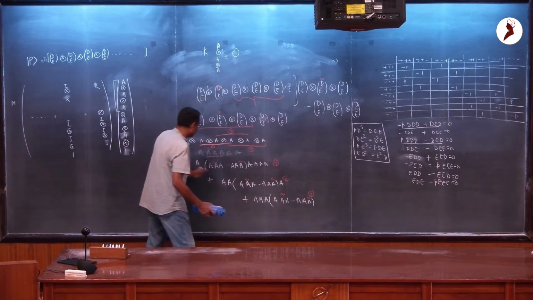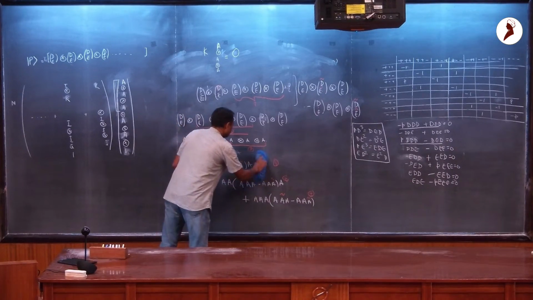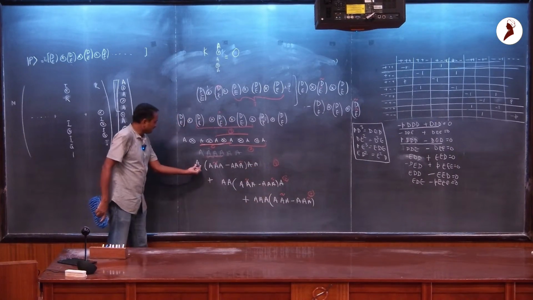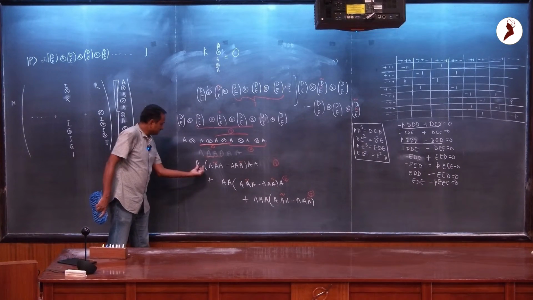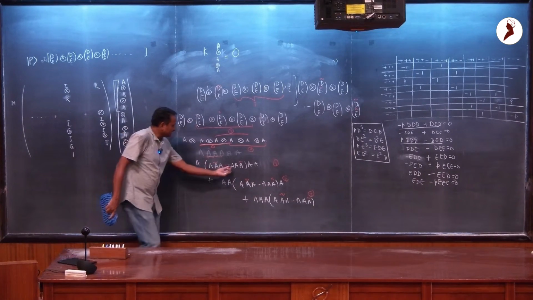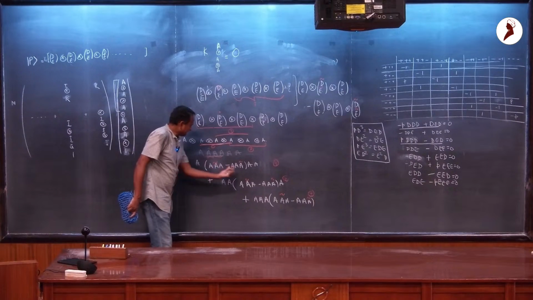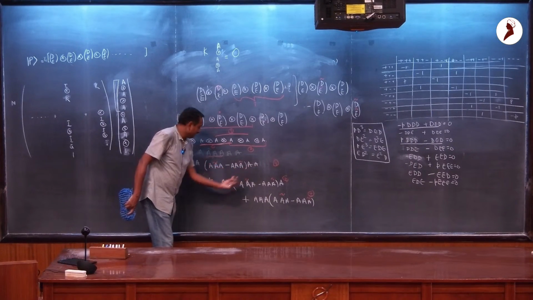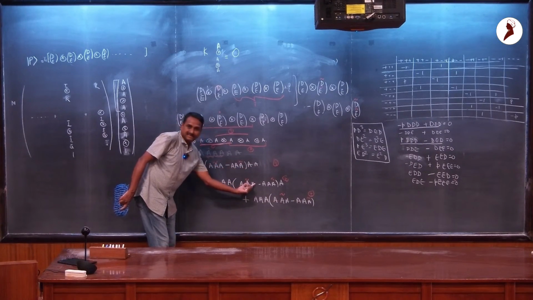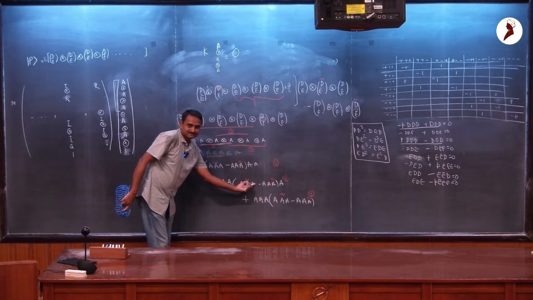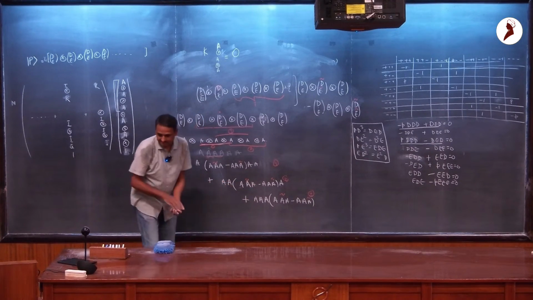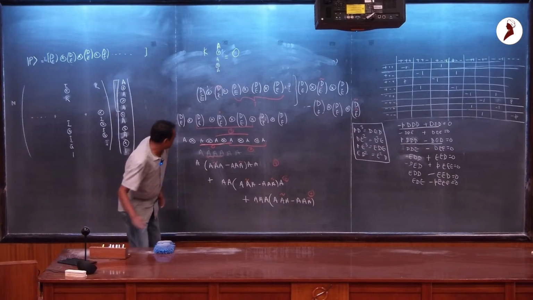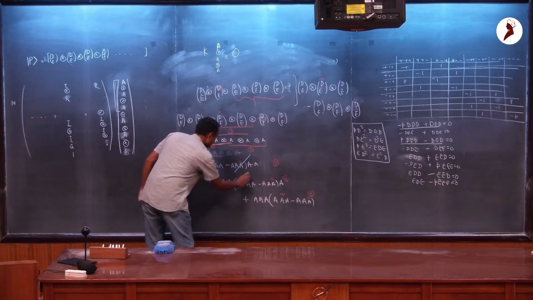I think I wrote it wrong. Right? 1, 2A and A tilde A. Now this term is, first is 3A, A tilde and 2A. This one is 3A, A tilde and A. This cancels out, right? Do you see that this cancels out? This term here cancels out with this term.